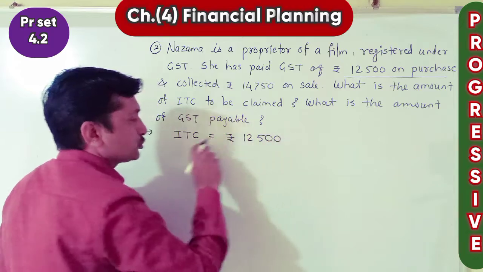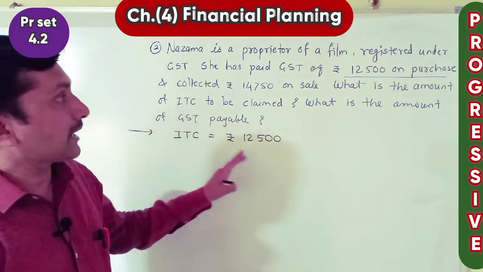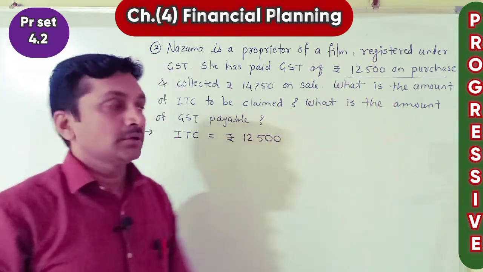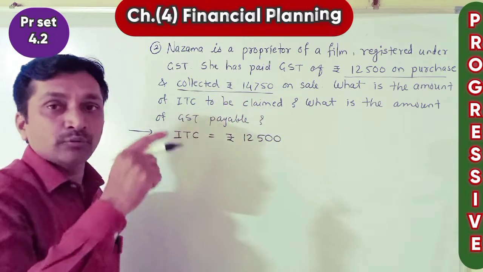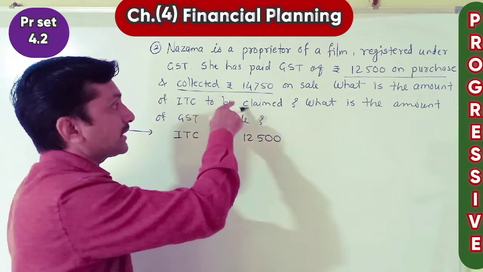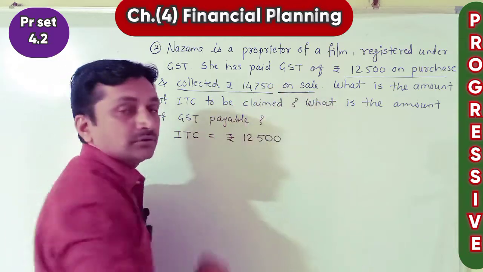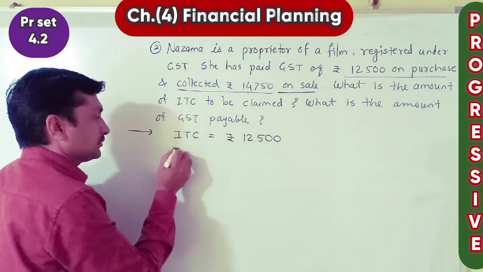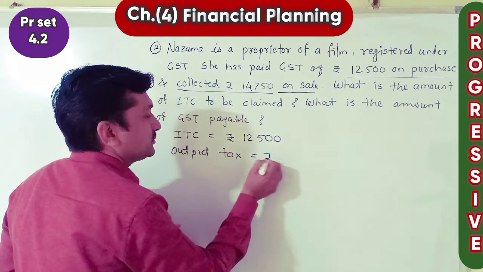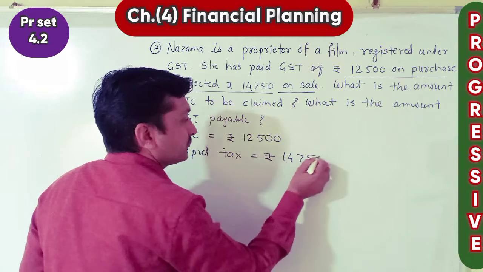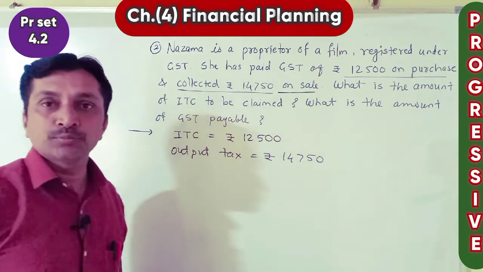Now you understood. ITC means tax paid at the time of purchase, and the tax collected at the time of sale is output tax. Output tax is equal to rupees 14,750.